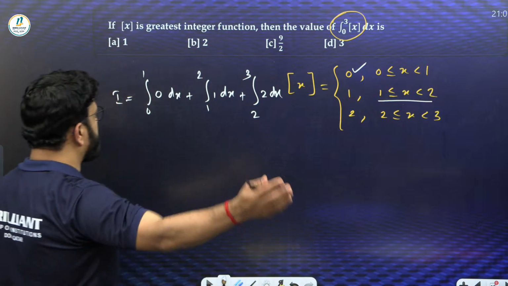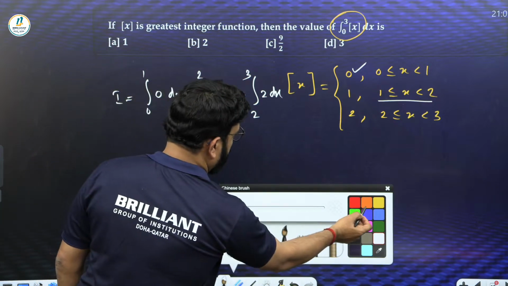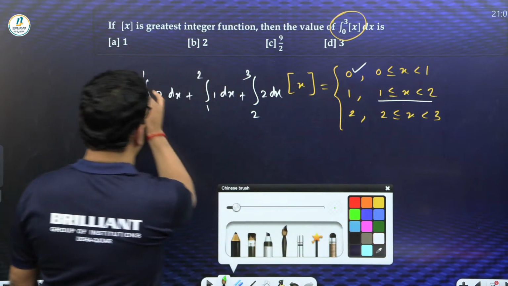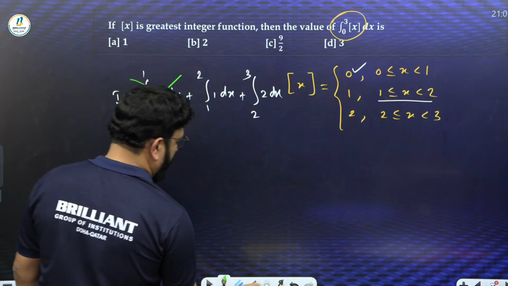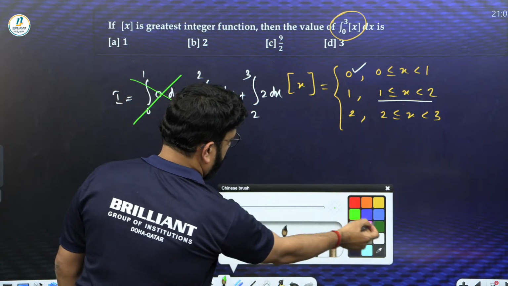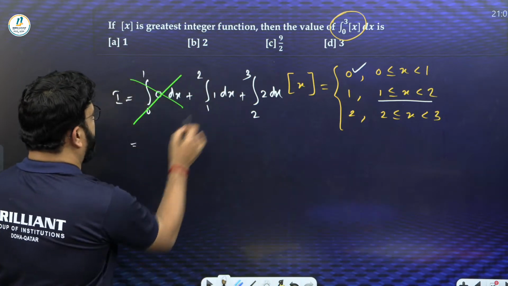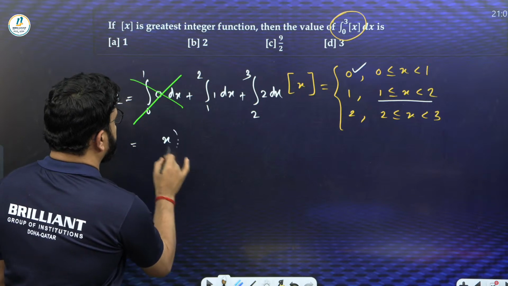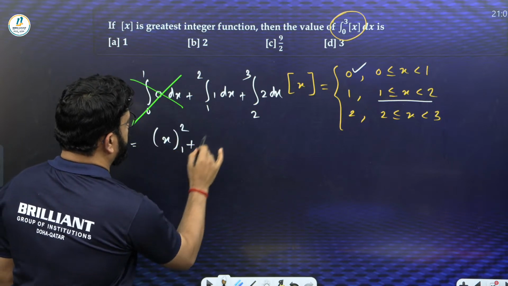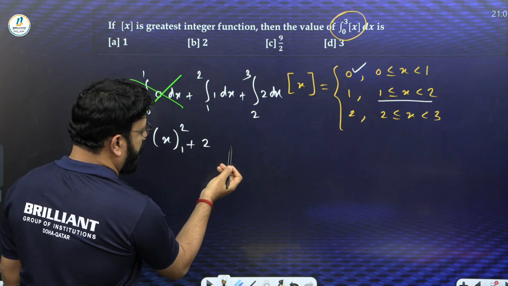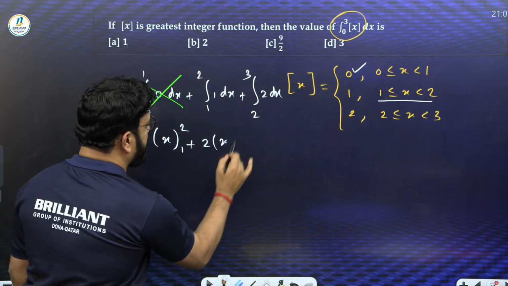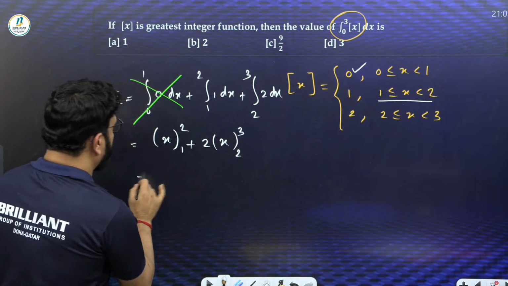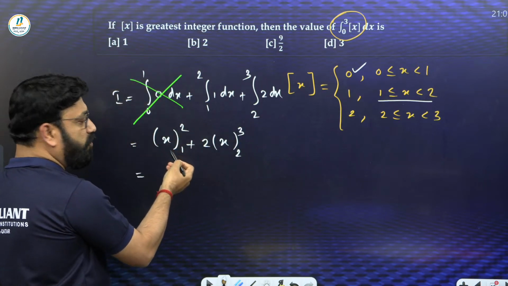Yes, many students are giving the correct answer. Here 0 is the first one, no need to consider the 0 part. The next one is the integral of 1, that is x to the limit 1 to 2, plus the integral of 2, a constant, taken outside, integral of dx equal to x to the limit 2 to 3, that is f of b minus f of a.